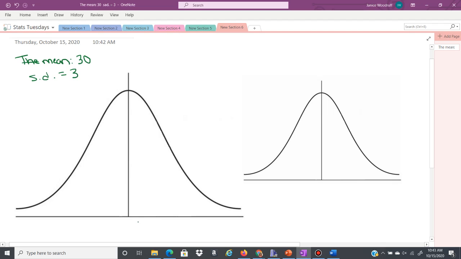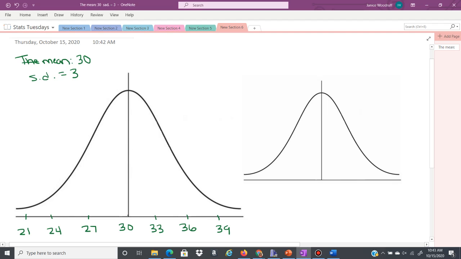If I'm setting that up on this curve, I'm going to put the 30 right here. I'm going to put my markings here. So going back to chapter 3 for my standard deviations. So I want one standard deviation that's going to be 33, because I'm adding 3, then 36, then 39, and then going backwards, this would be 27, 24, and 21, because the standard deviation is 3.